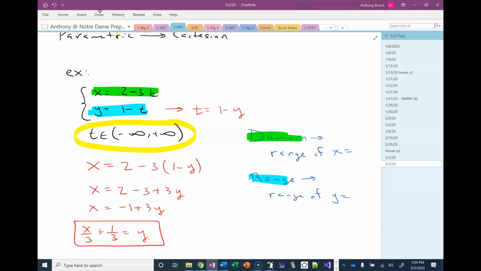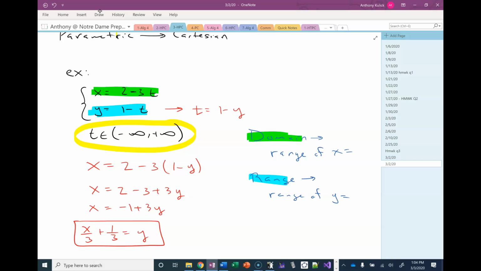So what type of function is x equals 2 minus 3t? It's linear, right? Everybody agree with that? If I were to graph that on like a tx axis, you'd just get a line. Okay?